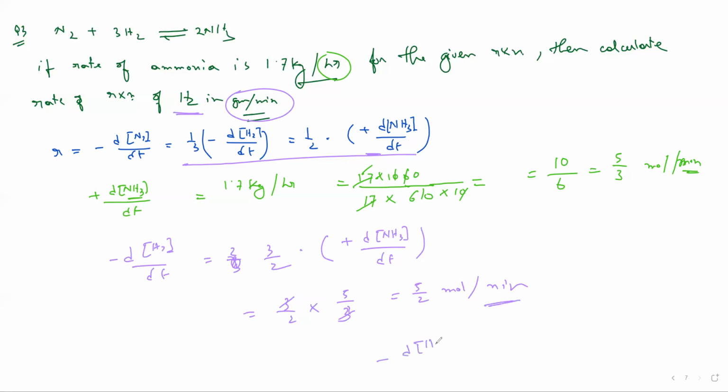So d of H2 by dt, 5 by 2, you have to multiply by the molar mass. That means 5 gram per minute. Okay, is it clear?